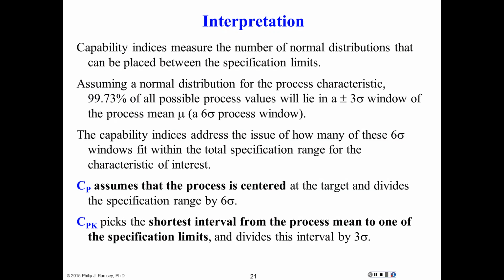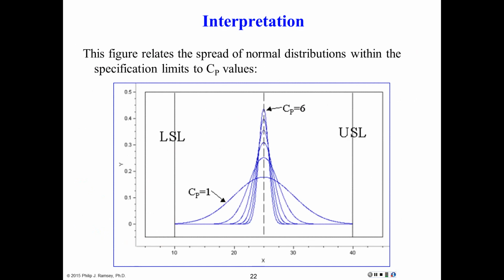Okay. So basically, what is CP and how do you interpret it? Well, as I said, what CP measures is the number, and basically CPK does the same thing, again allowing for off-target performance. How many normal distributions will fit between the spec limits? Remember, I said, a CP of 1 is considered minimally capable, and that's really a reasonable requirement.